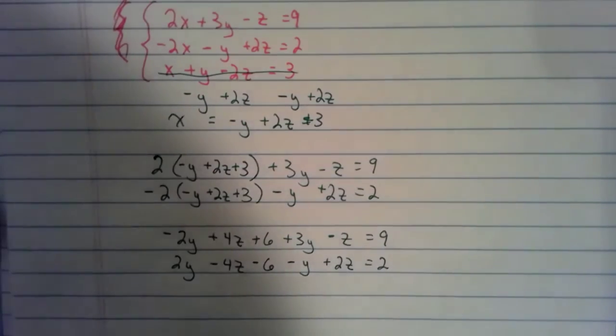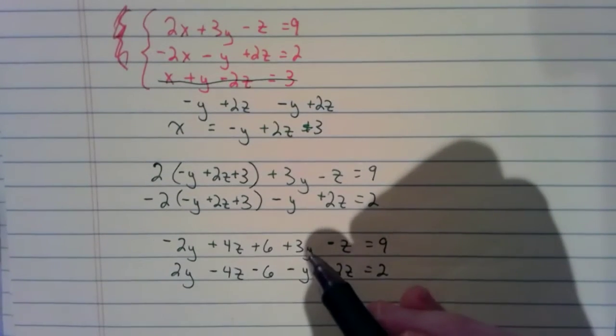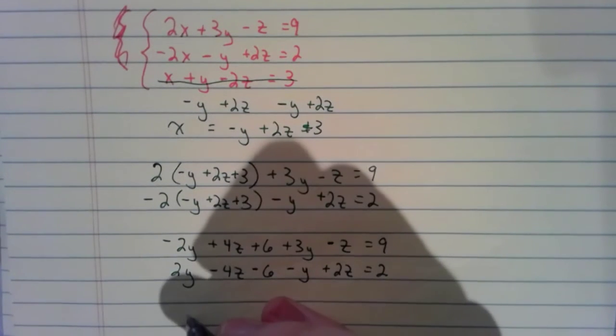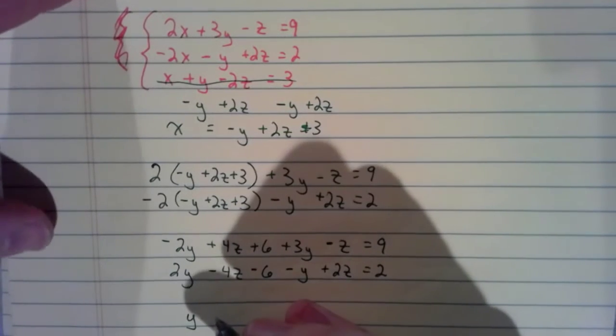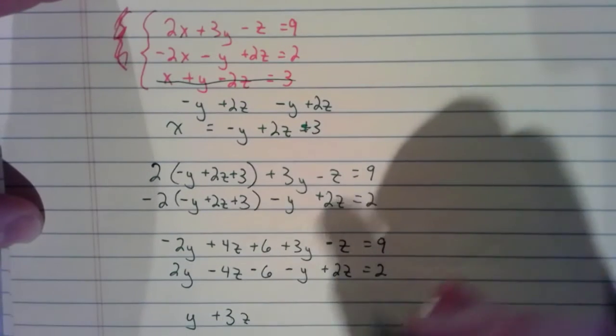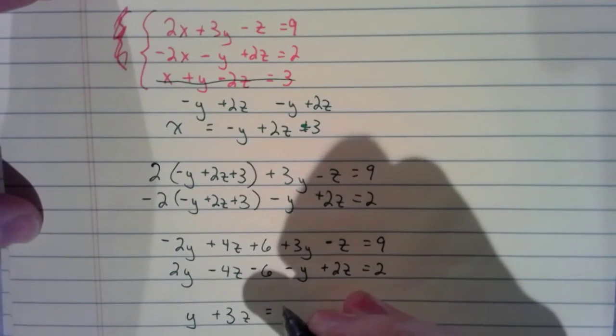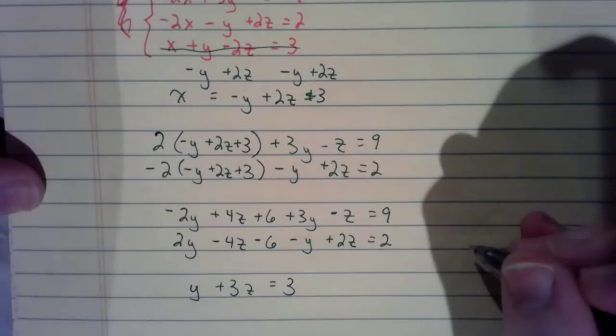Now I'm going to clean up both equations and combine like terms. Negative 2y plus 3y is just y. 4z minus z is 3z. Then I'm going to subtract 6 from each side. 9 minus 6 is 3. So that's this first equation again.